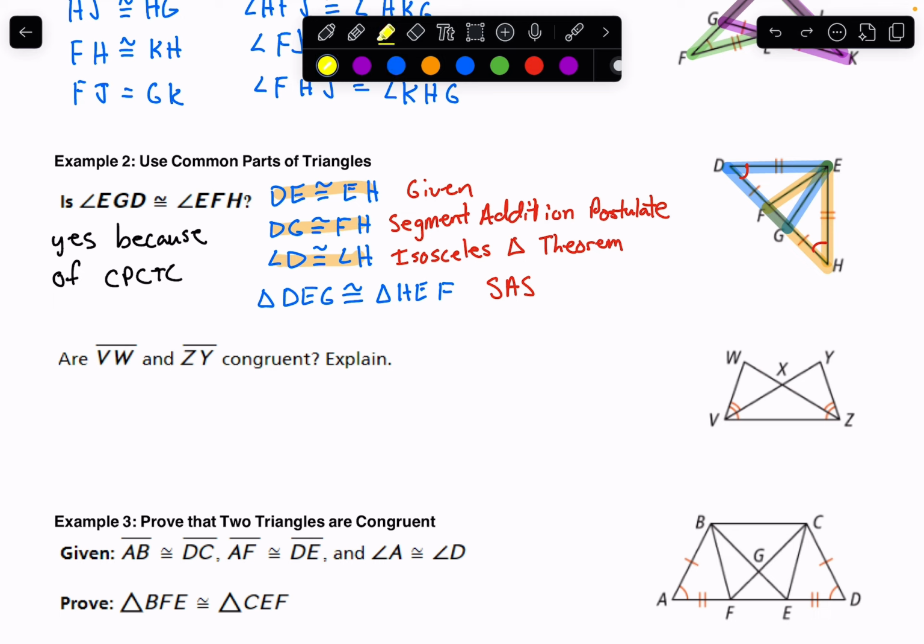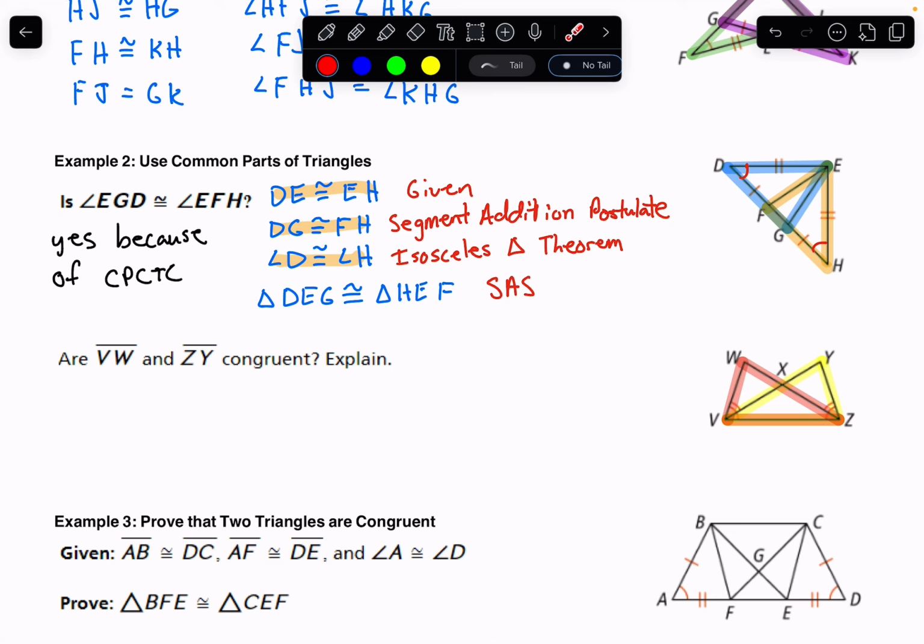I'm going to go for this triangle right here because ZY is part of that triangle. And then this triangle right here that has WV as a part of it. And the reason I'm going to do that is the first thing that stuck out to me is that VZ is the base of both triangles.